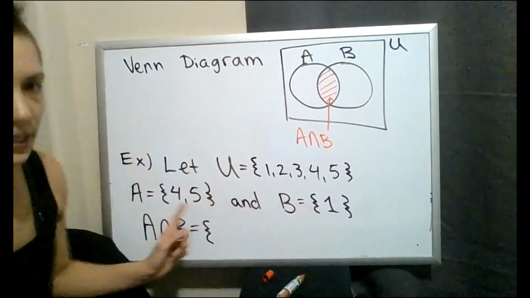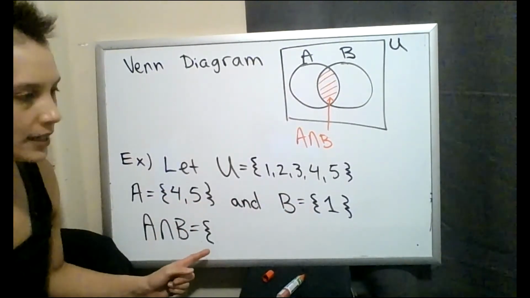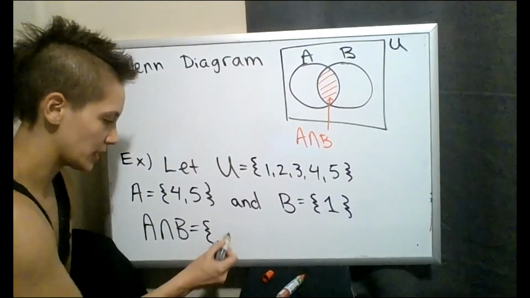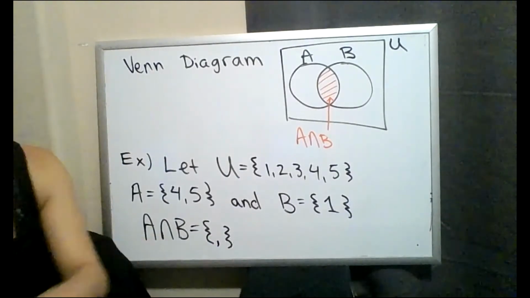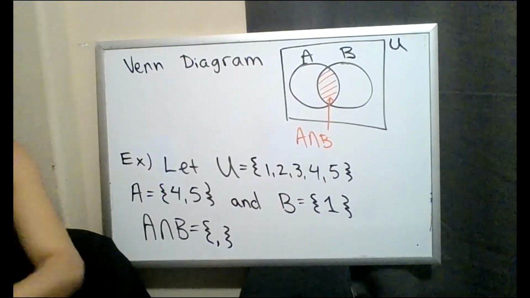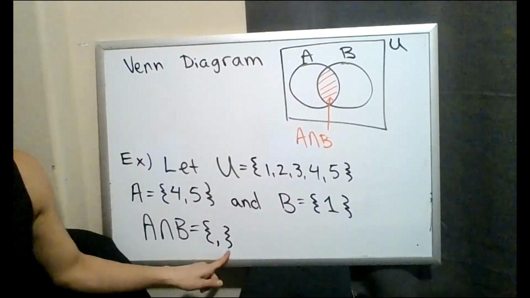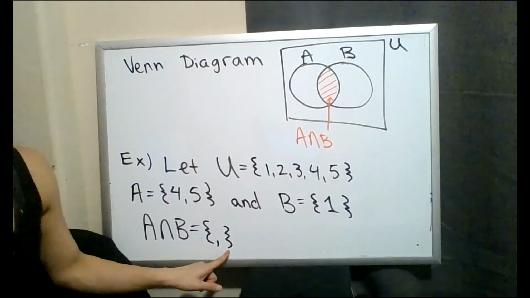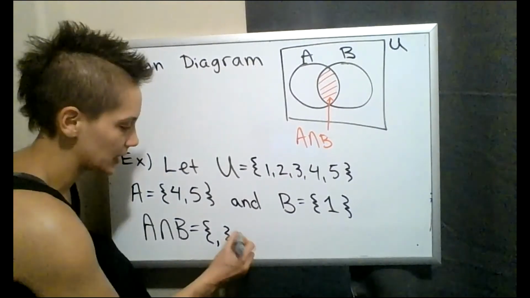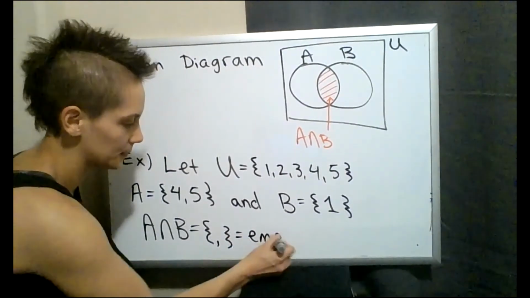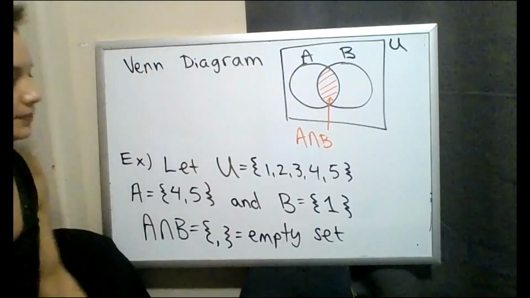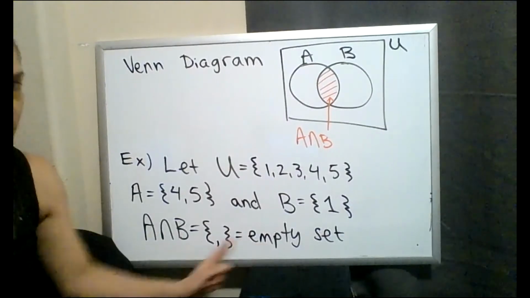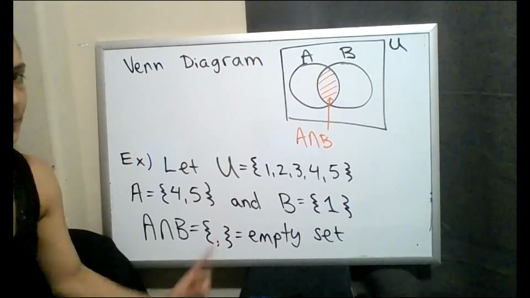B has 1, nothing in common. So there's nothing inside of your set. So you could write empty brackets, but most people like to write empty set. It's a set that contains no elements.